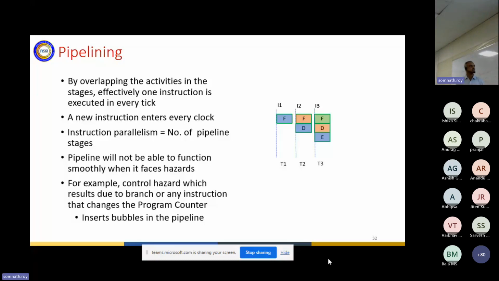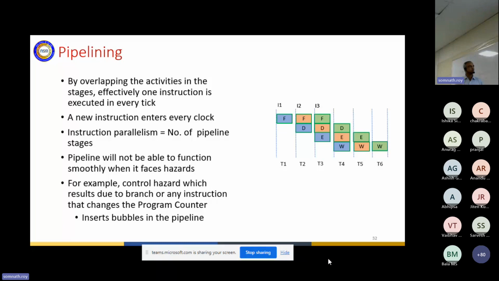In T3, it is going to be executed, but the fetch and decode units are free. So the instruction that was fetched in the previous cycle will be decoded here, and the fetch unit will fetch another. Like this, it will continue, and you will find that in the 6th cycle, all 3 instructions have been executed. What I have not shown is that the next instructions are fetched and decoded.